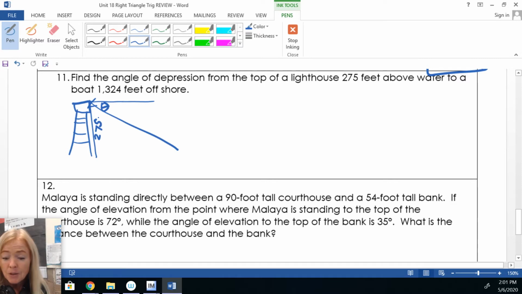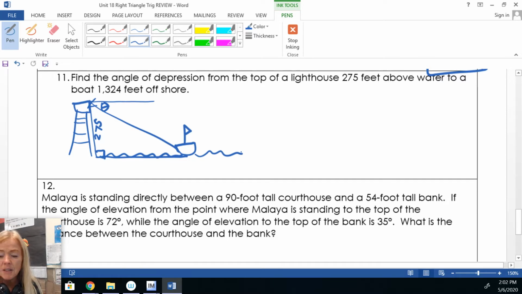And then there's the water, and the boat is 1,324 feet off of shore. So here's the shoreline with the lighthouse on it. What we're looking for is this angle of depression from the top of the lighthouse.